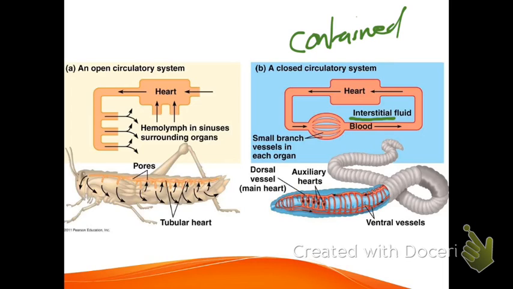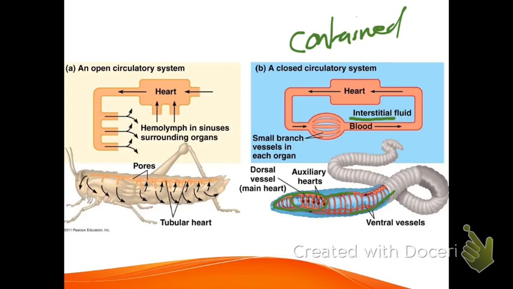You'll notice in an earthworm, that's a good example because it's a very simple organism that still has a closed circulatory system, we have several hearts here, and a network of blood vessels that carry the blood all around the body. And not once will you find the blood outside of the heart or outside of those vessels.